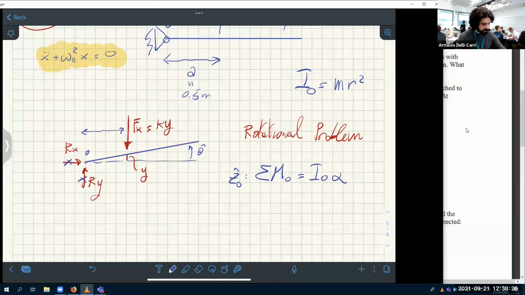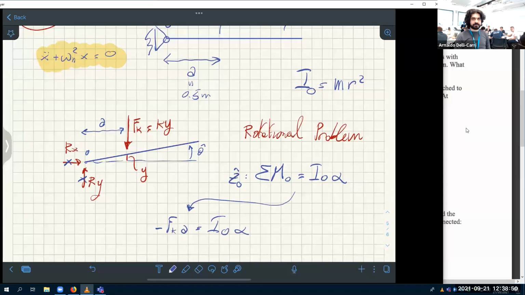Vertical force times perpendicular distance. I'll call this A. Is it positive or negative? It's clockwise, so it's negative. So clockwise around O means negative. So this equation becomes minus Fk times A equals IO times alpha.